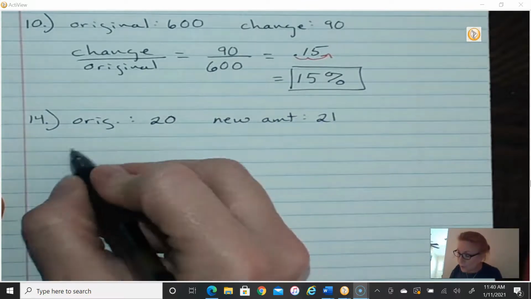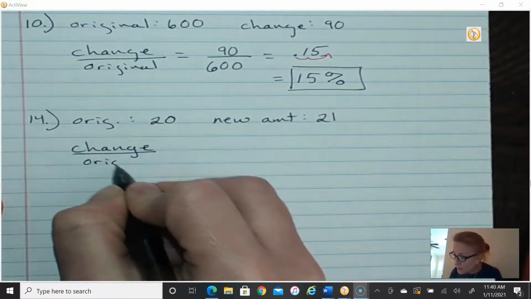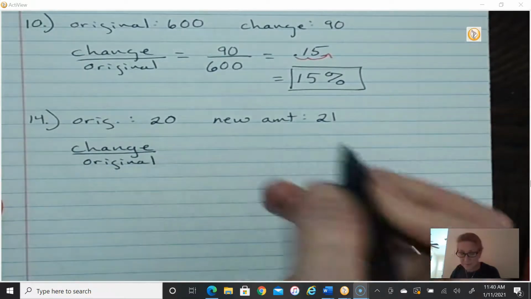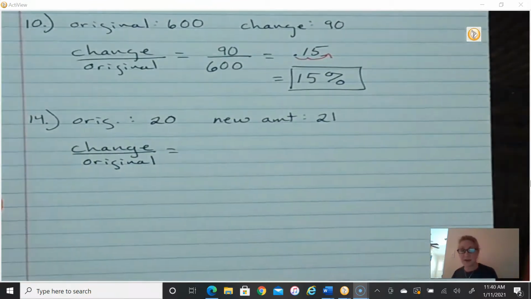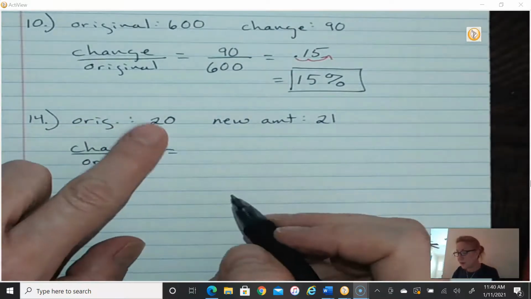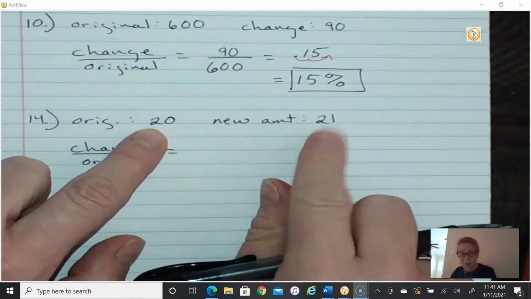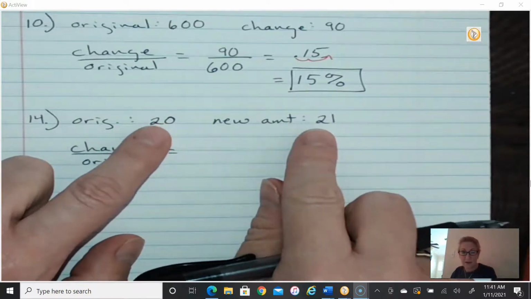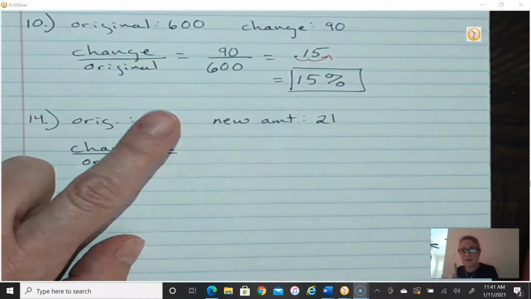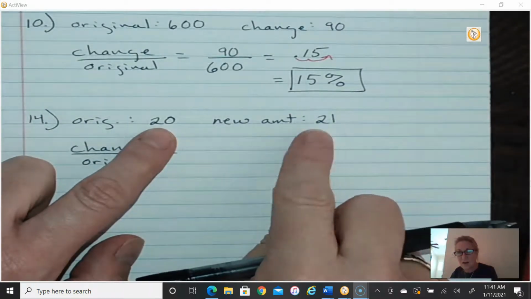So our formula is change over original. Okay, so what's the change? If you go back to the beginning of the notes, you'll see you are subtracting your original and your new amount. There's no order, so don't worry about negatives. Just always use the largest.